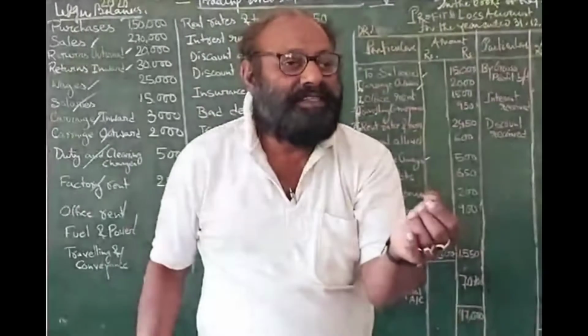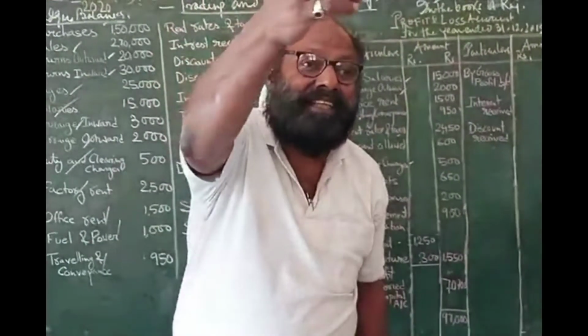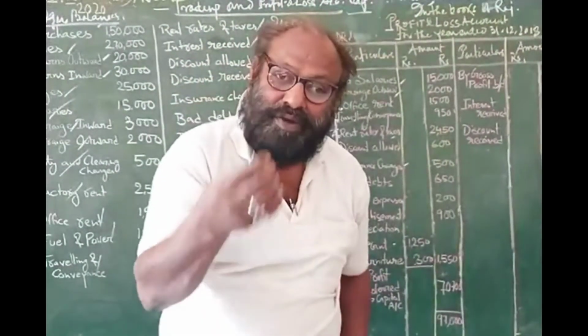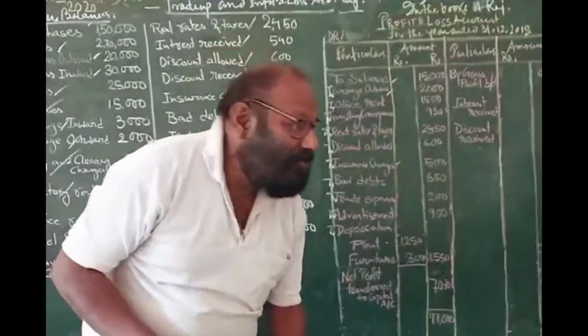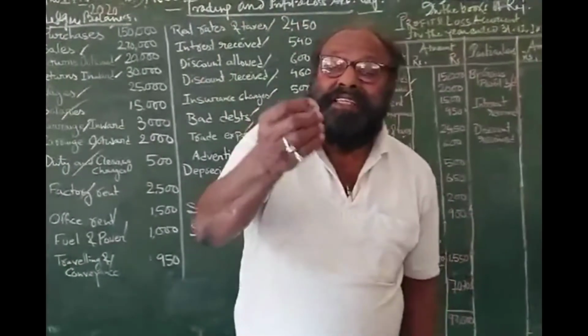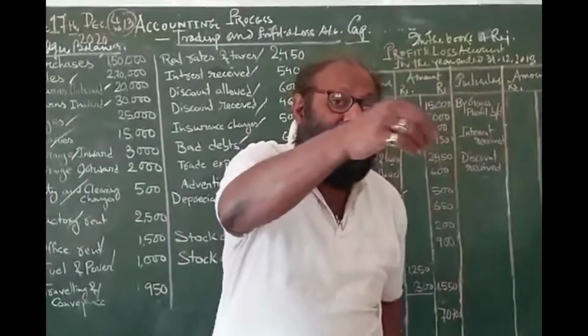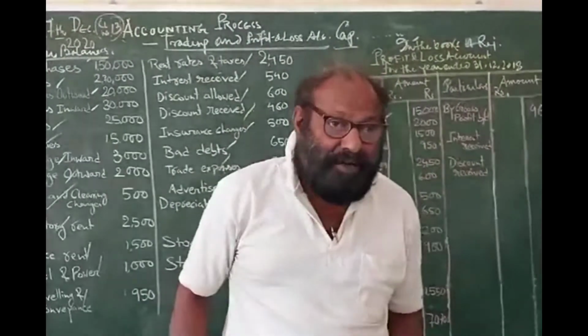Revenue comes from sales, okay, and matching cost against revenue, that is deducting the cost from revenue, we get the profit. So the process of preparation of final accounts, that is trading and profit and loss account, is nothing but the process of matching cost against revenue. And by matching cost against revenue, we get the profit. That is the process of ascertainment of profit.